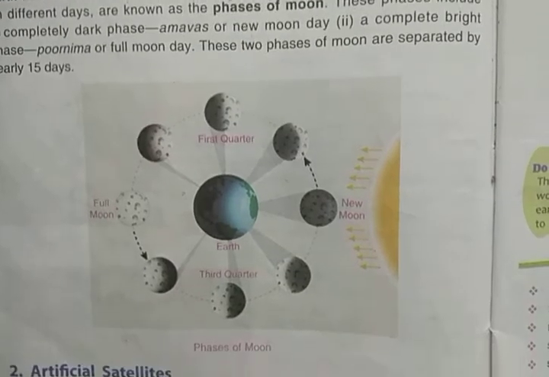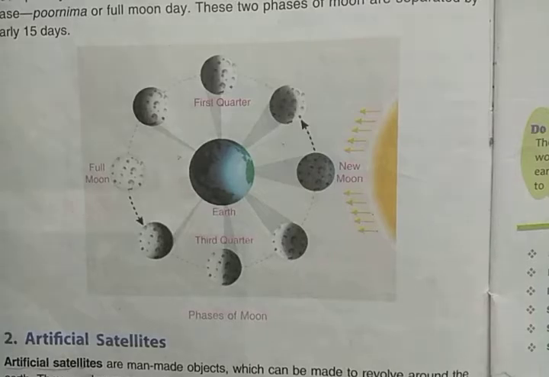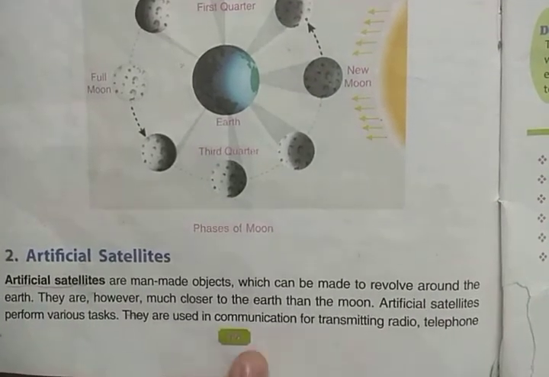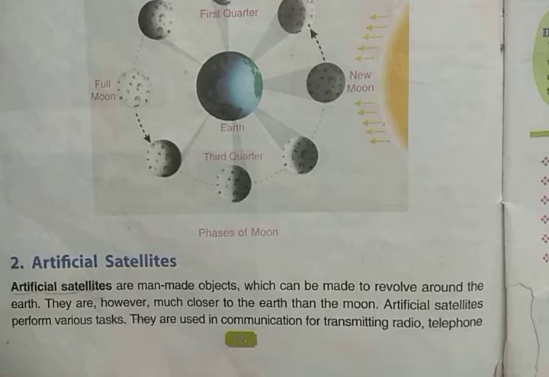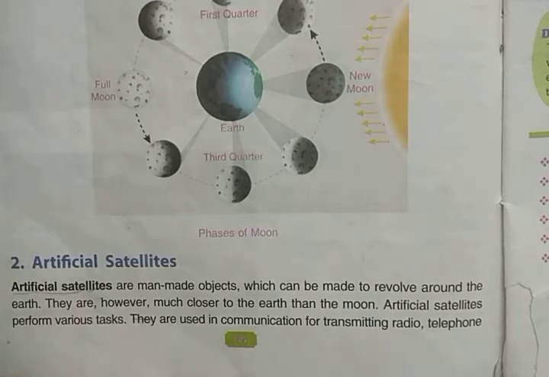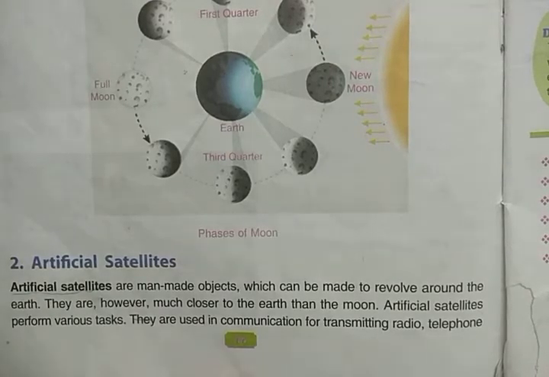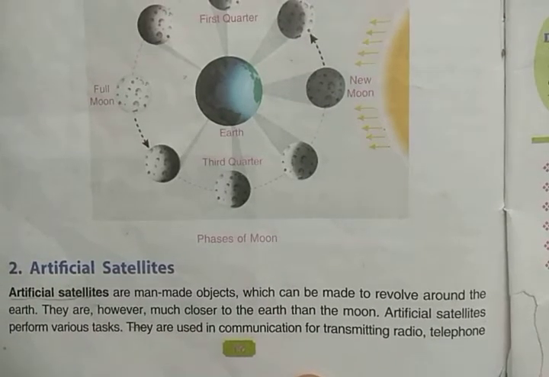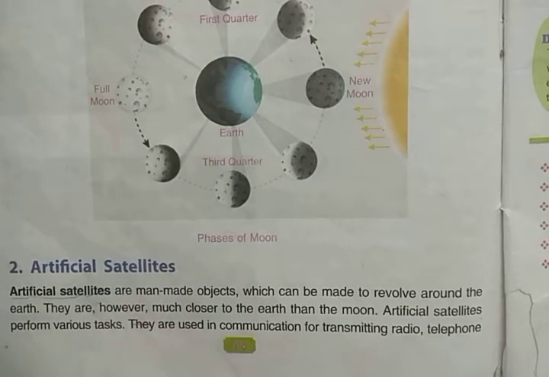So this is all about the moon, the phases of moon, how it changes its shapes and size. Next is your artificial satellite. So what do you mean by artificial? Artificial means which is not natural, or you can say which is made by man.